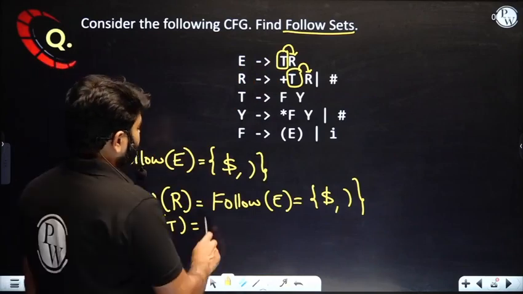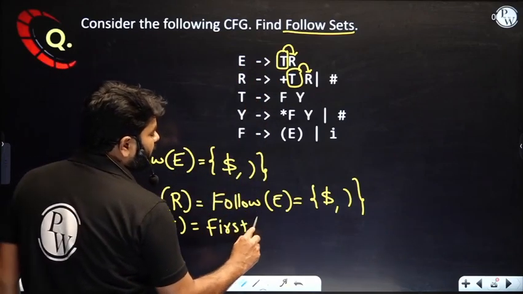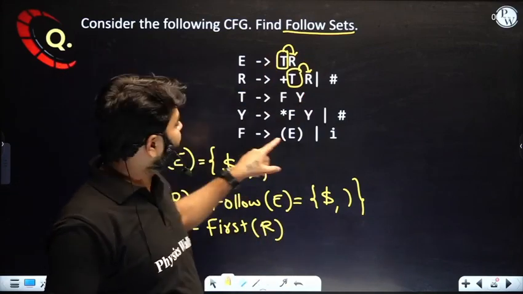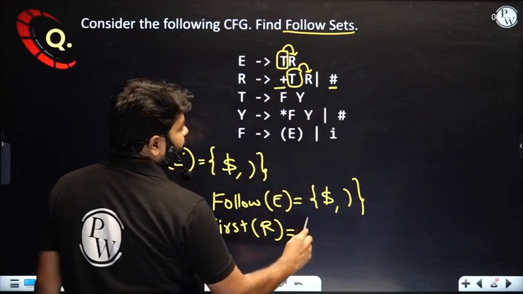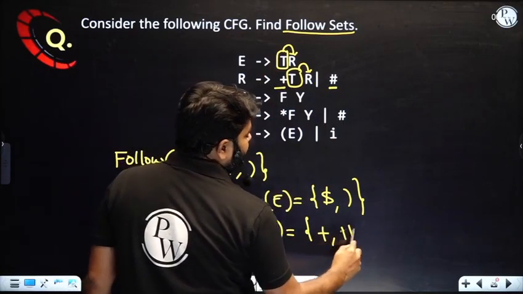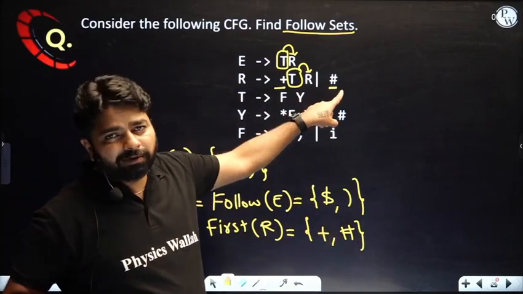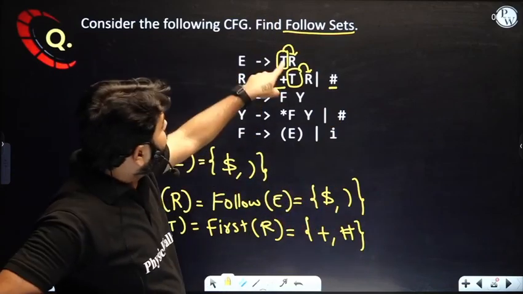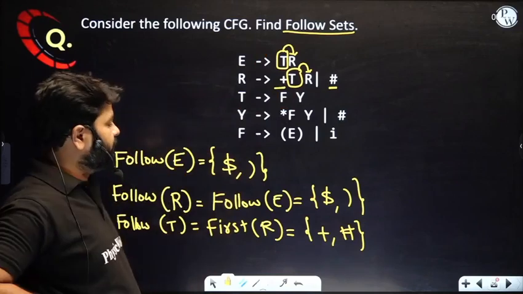Somebody can conclude follow of T is first of R only because R always derives something: plus R, hash. In case you see epsilon in place of hash, then this R can be substituted with epsilon, and then T might depend on E, T might depend on R to compute the follow sets.